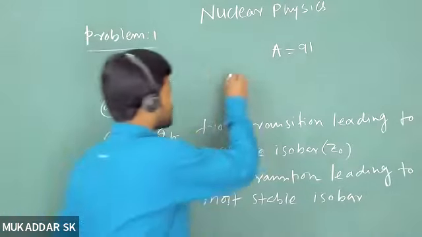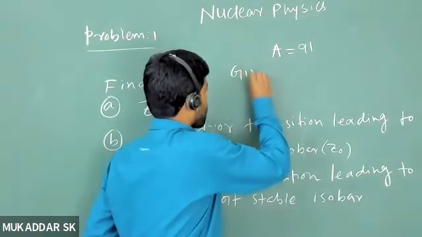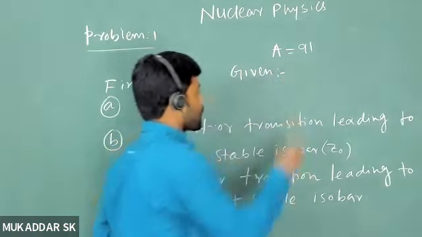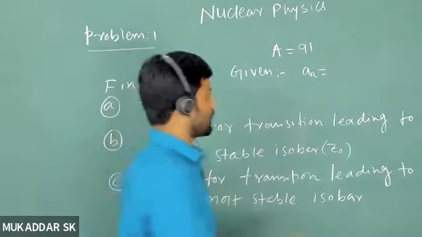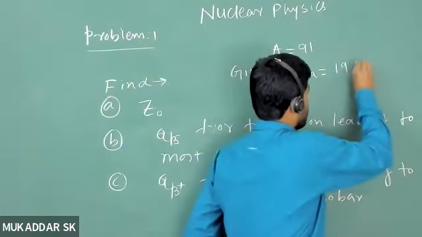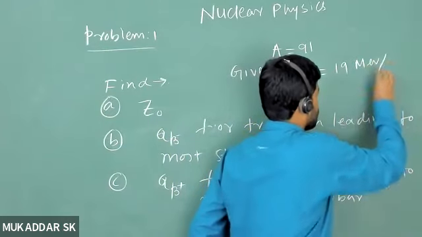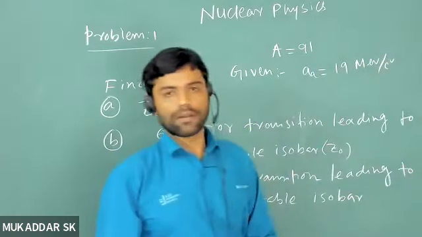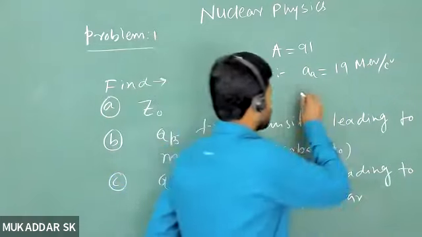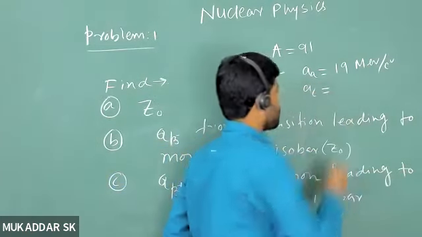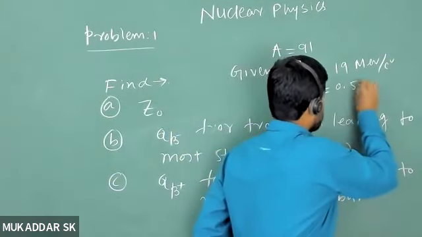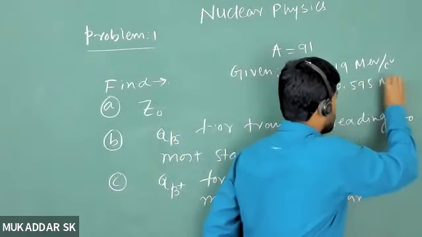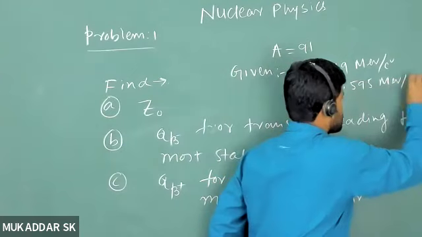Also, it is given the asymmetric energy coefficient, 19 MeV per c square. Also the Coulomb coefficient AC is provided, that is 0.595 MeV per c square.